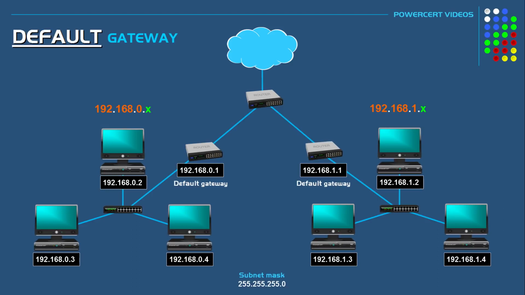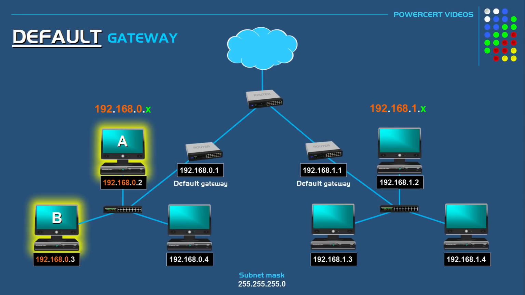Now let's say that computer A wanted to communicate with computer B on this subnet. Computer A is going to check computer B's IP address to see if it's on the same network or not. As you can tell, the 2 computers are on the same network because the network portion of the IP addresses, which are the first 3 octets, are the same.